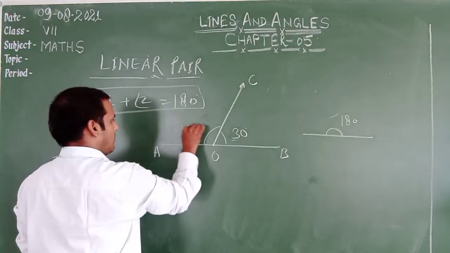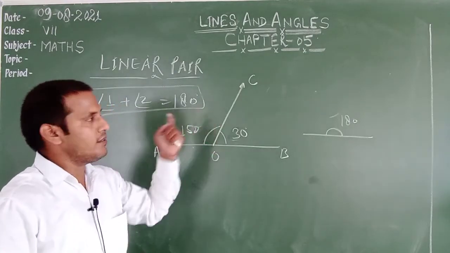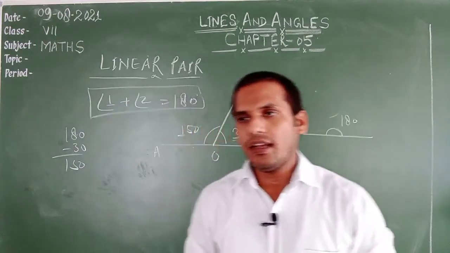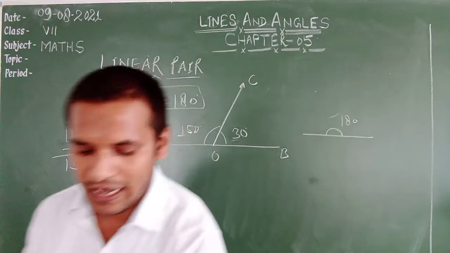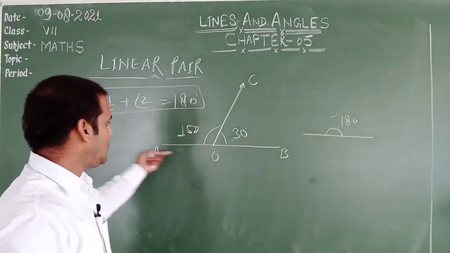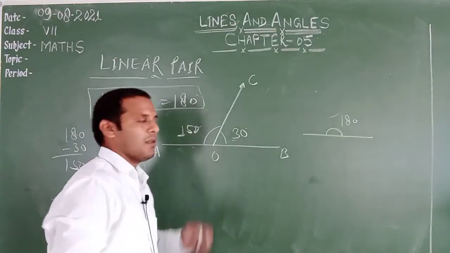It means that angle will be 150. Now the sum of these angles is 180 degrees. So if two angles are here and their sum is 180 degrees, then we can say they are a linear pair and it will be formed on a straight line. Linear pair के लिए straight line का होना compulsory है.